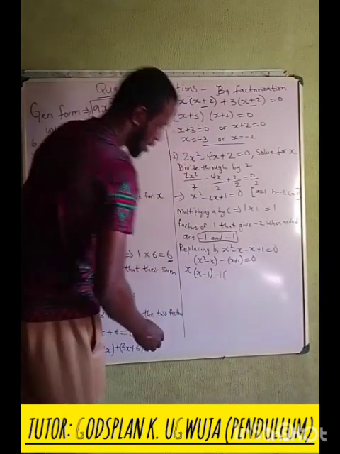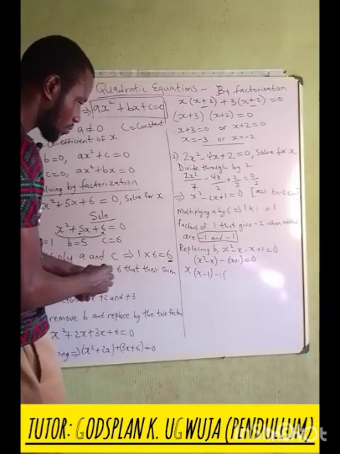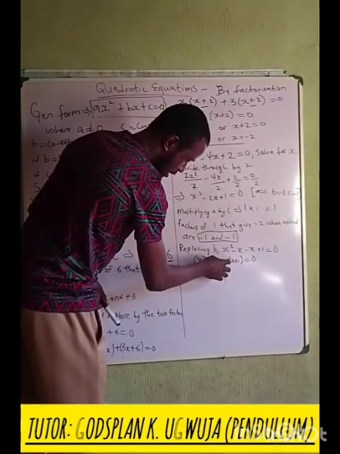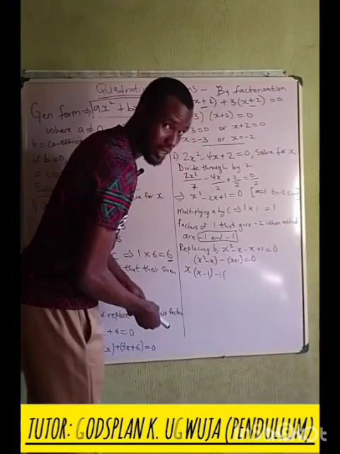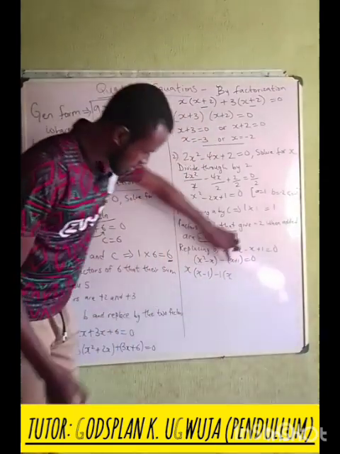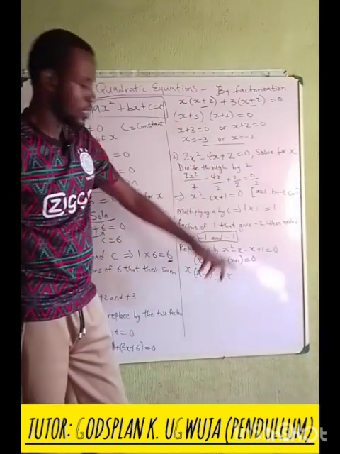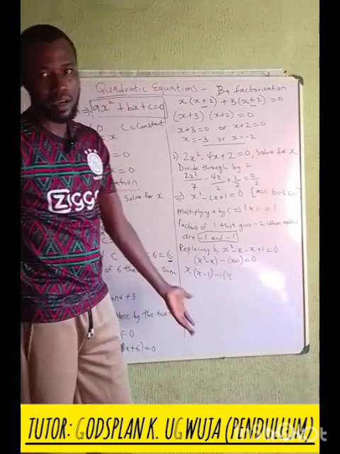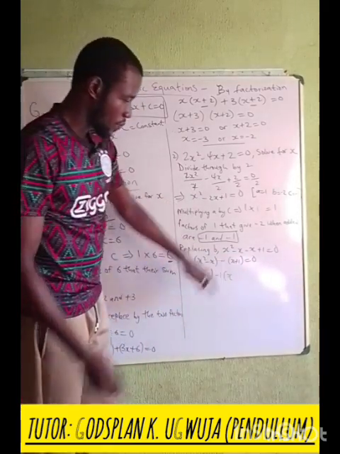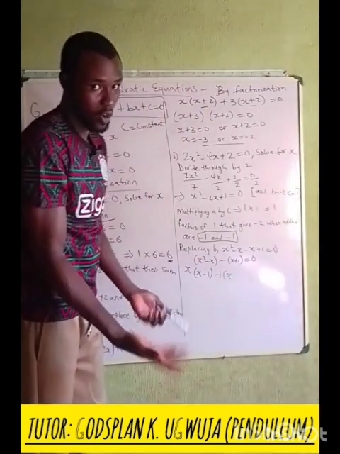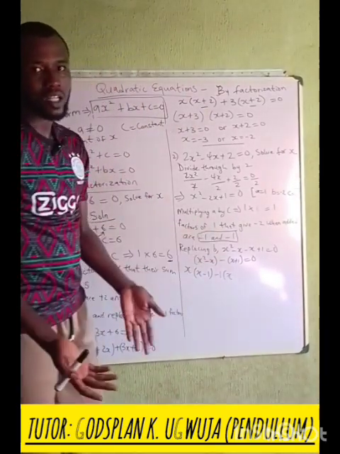So if I bring out 1, what will be left here? If I remove this 1, definitely it's going to be x, right? Or let's just say x divided by 1 is x. Anything divided by 1 is that same thing.